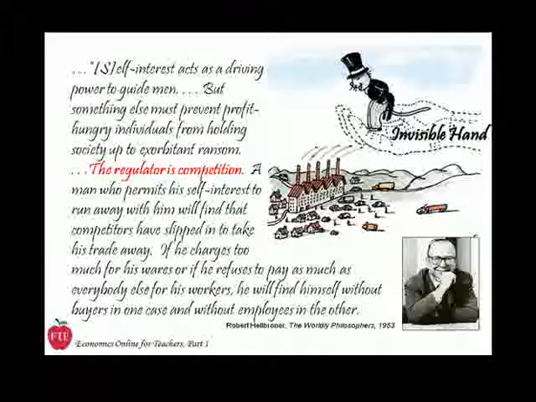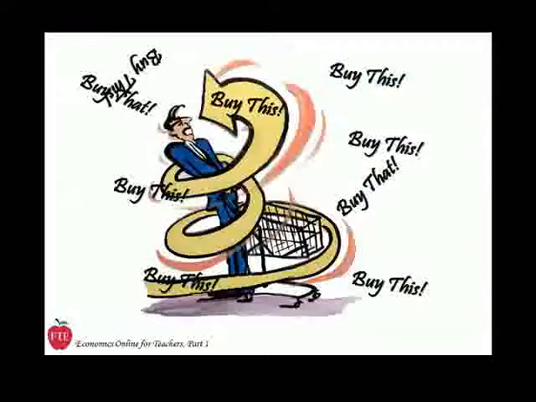The invisible hand of competition ensures that producers make the goods that society wants, in the quantities that society wants, at prices that society is willing and able to pay. Because if they don't, someone else will.